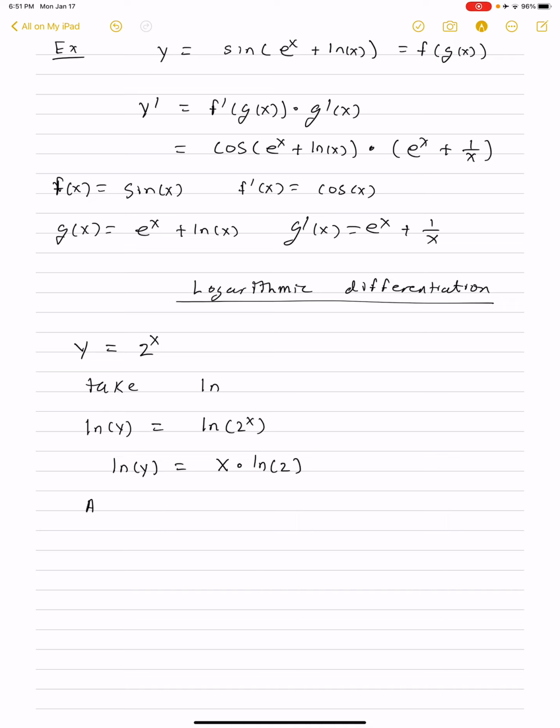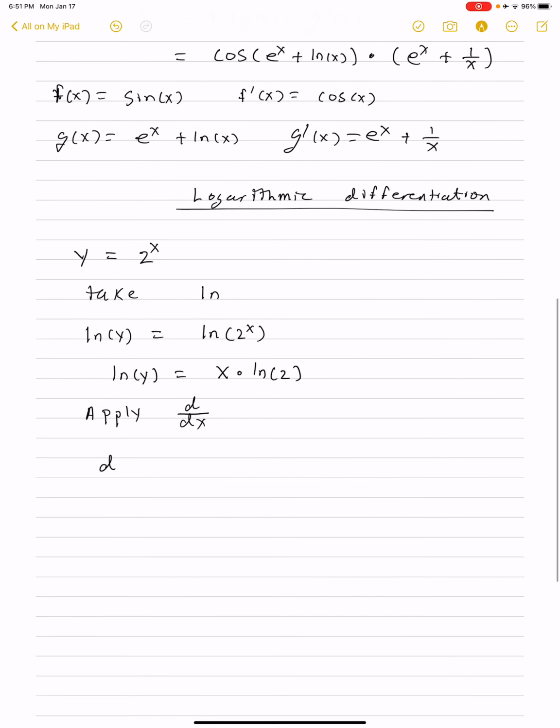Apply differentiation. Okay, so apply d by dx. I'm going to have d over dx of ln of y is equal to x times ln of 2. The derivative of x is 1, so I'm just going to have 1 times ln of 2 as a constant. On the left-hand side, the derivative of ln is 1 over y, but remember I have to multiply by the derivative of the inside.